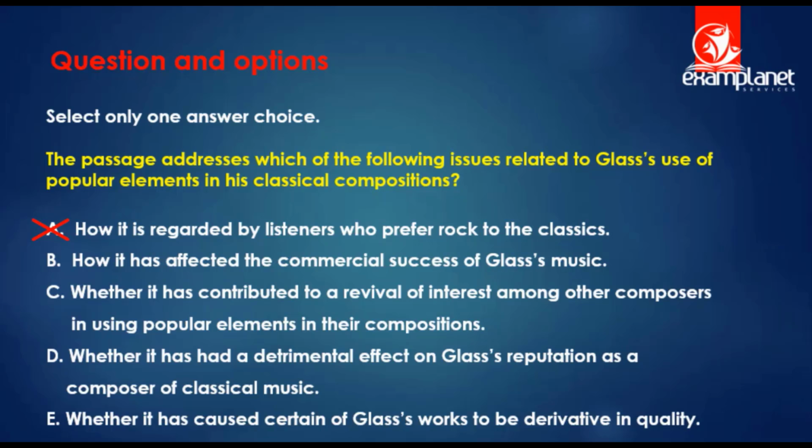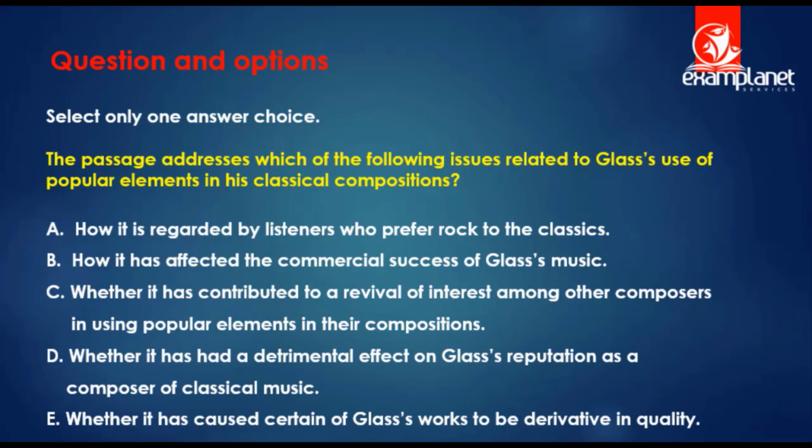It has also not addressed how it has affected the commercial success of Glass's music. Not even to talk about whether it has contributed to a revival of interest among other composers in using popular elements in their compositions.